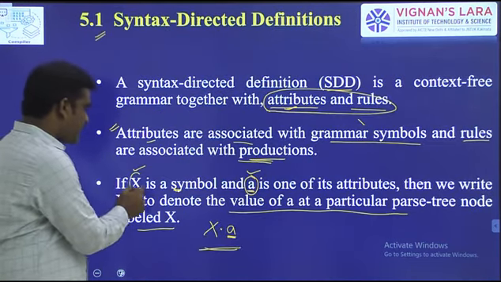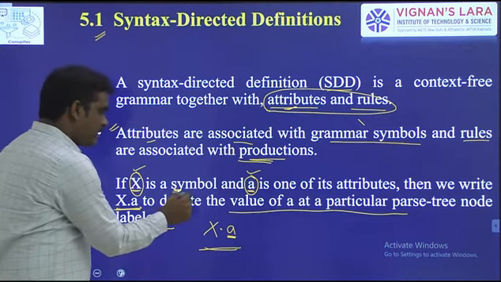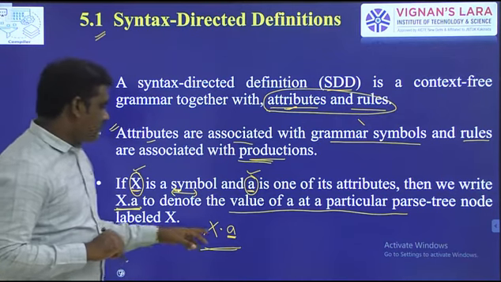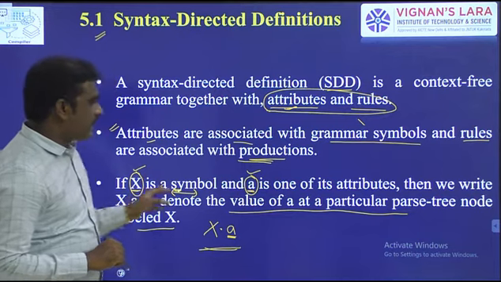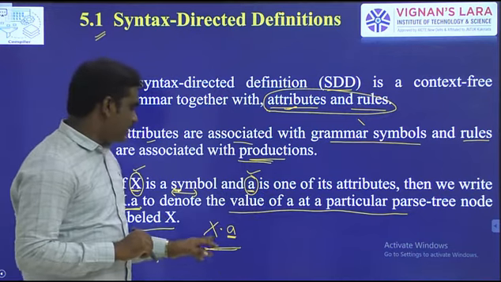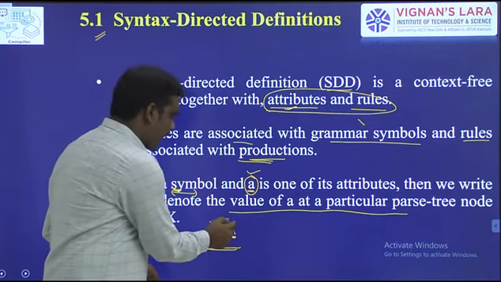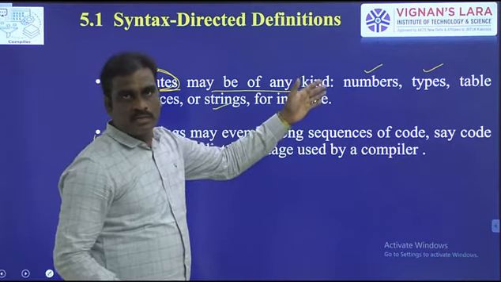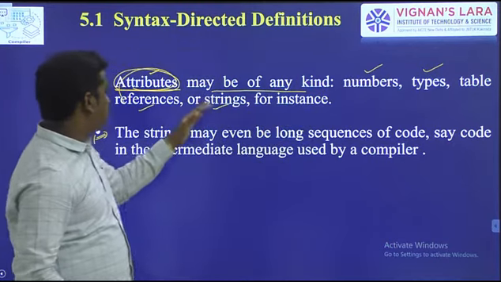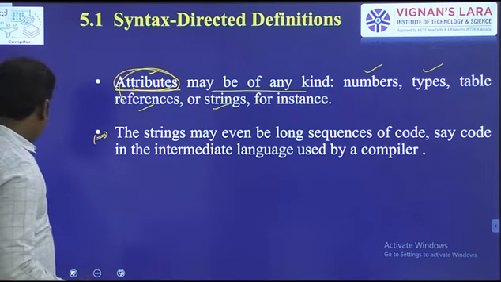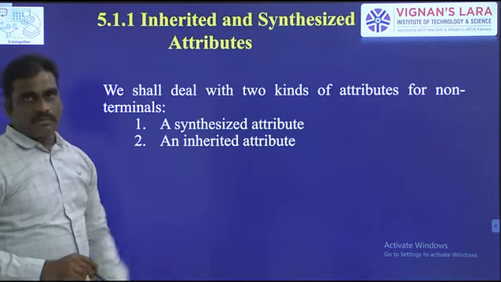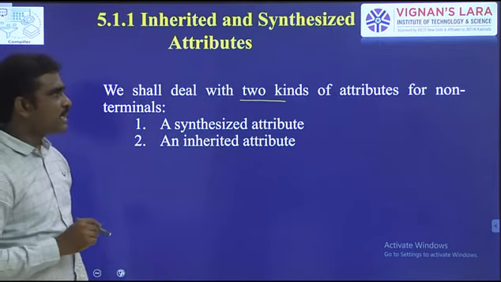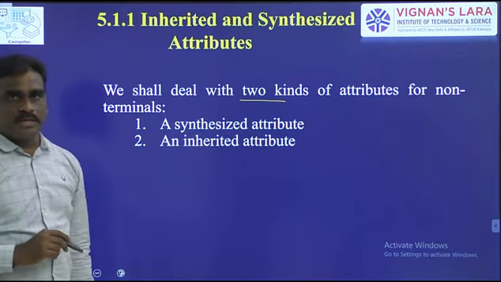I have already mentioned that X is a symbol, meaning a non-terminal symbol, and A is an attribute value, represented like X dot A. Different attributes exist: numbers, types, table references or strings. Now we are discussing the types of attributes. There are two types of attributes for a particular non-terminal symbol.